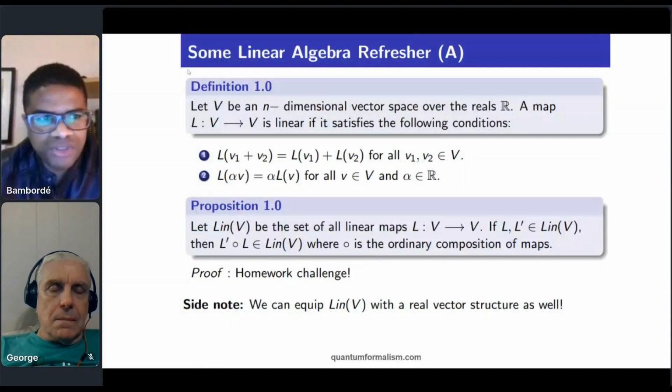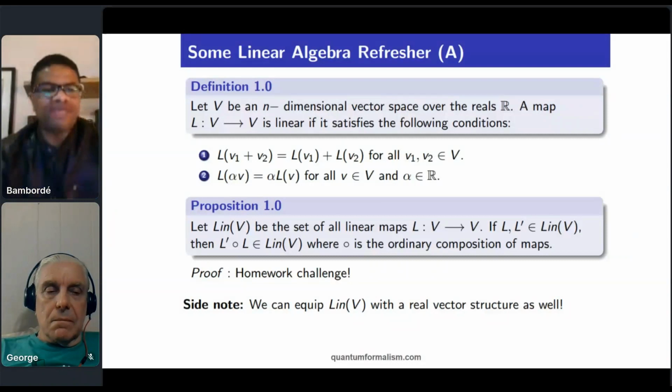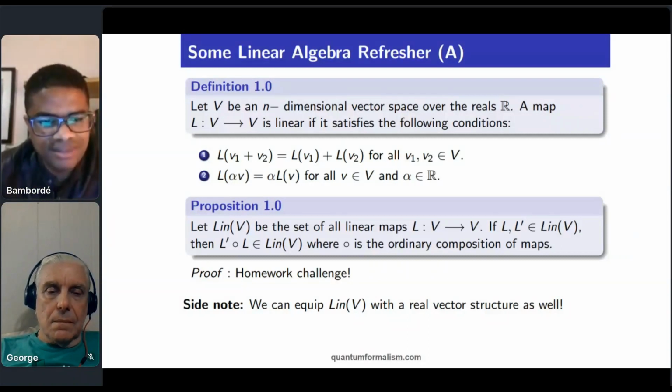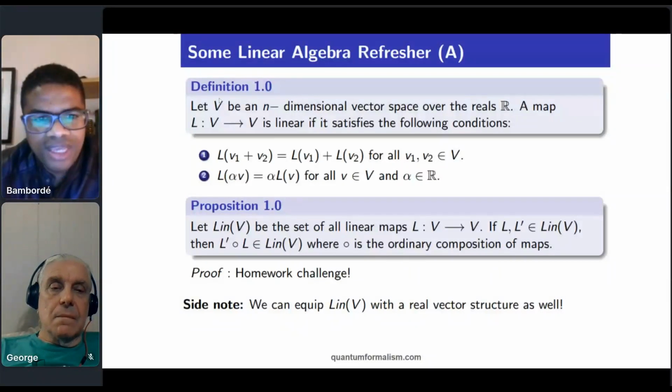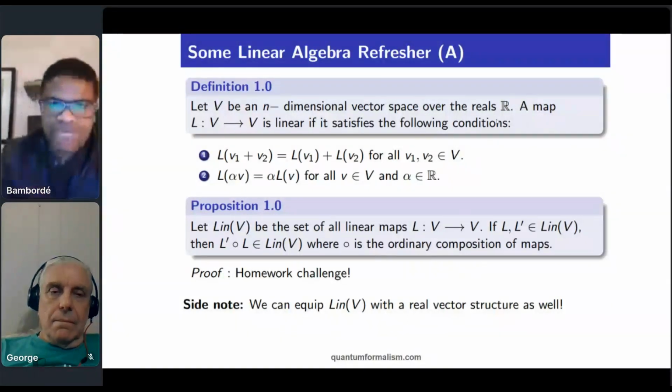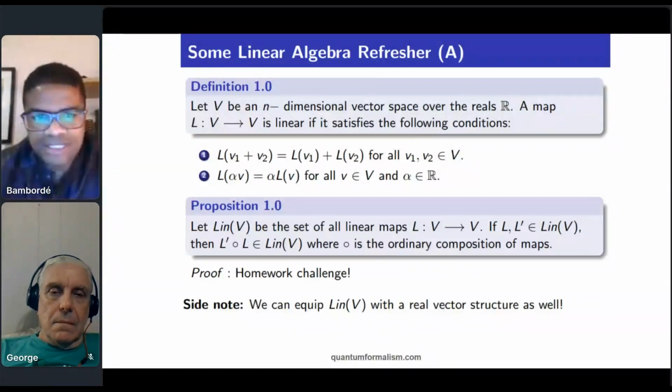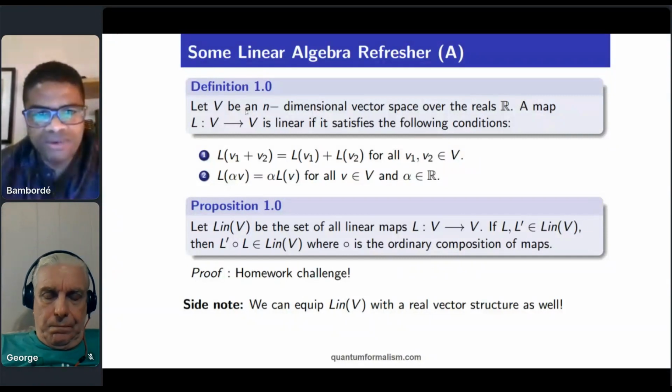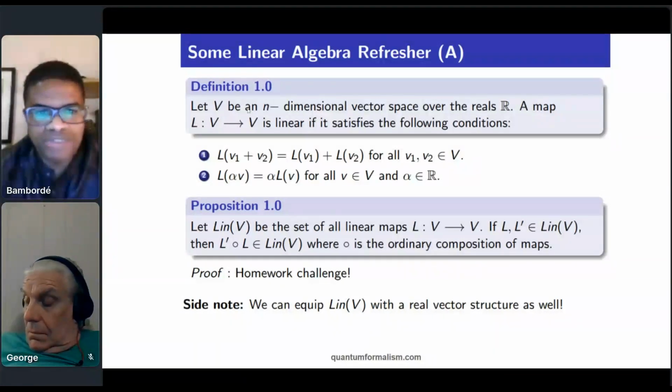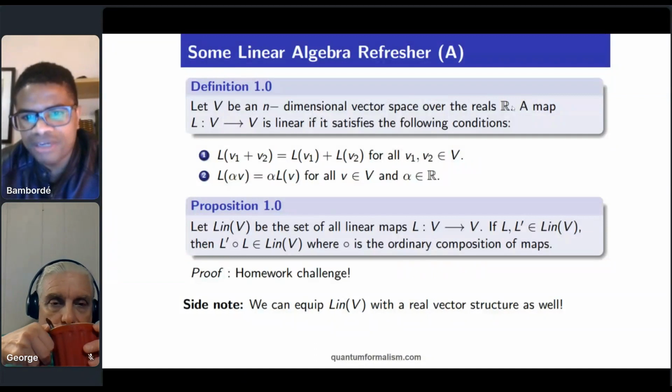For those of you who have taken linear algebra, whether with the foundation module with us or somewhere else, or you picked up a book, you know that given an n-dimensional vector space over the reals R, which is what we are interested in, this could also have been a vector space of arbitrary dimension over an arbitrary field.